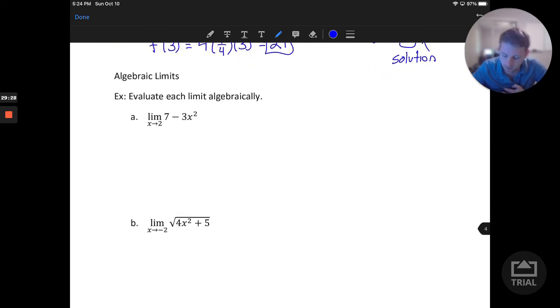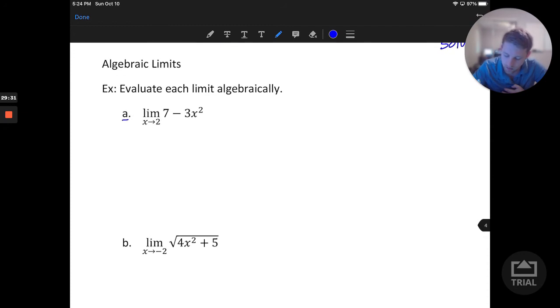So if I look at part A, if I take the limit as x approaches 2 of the function 7 minus 3x squared, we'll notice that this function here is just a parabola function. And so it's going to be continuous over all real numbers, x equals 2 included. And so there's nothing interesting or funny happening with x equals 2 on this function. We're defined, and our limit's going to be exactly what our defined value is.